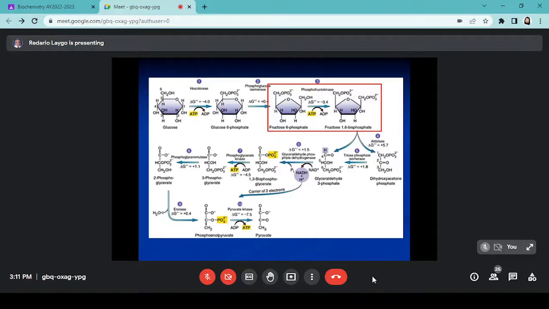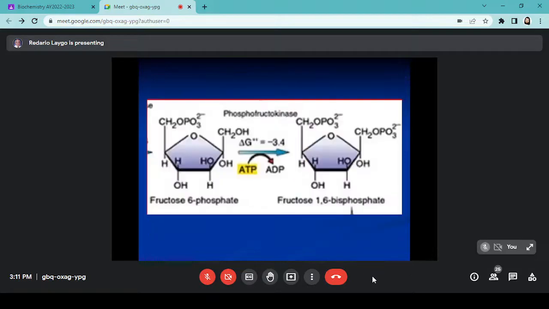Now, as I've said, that fructose 1,6 bisphosphate will serve as an important allosteric stimulator of the last step catalyzed by pyruvate kinase. Can you see down below? To ensure the formation of the product pyruvate. So here is your committed step of glycolysis.